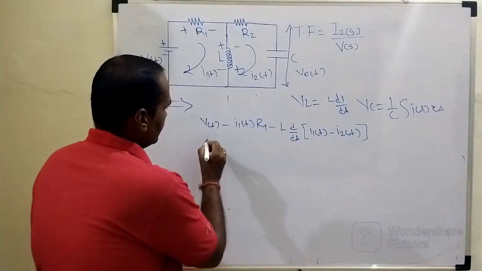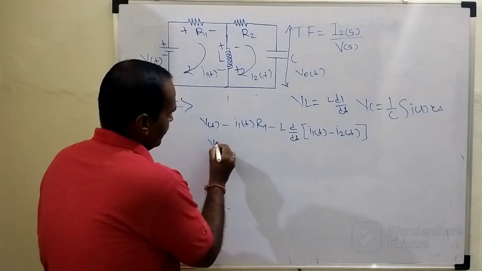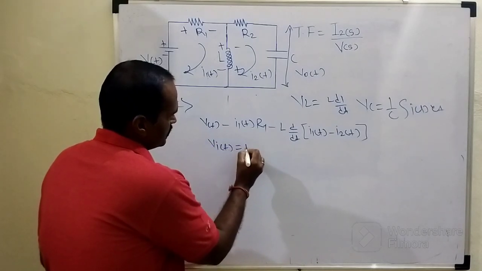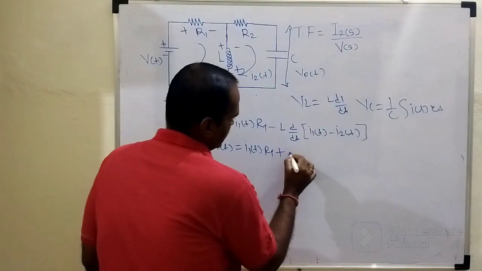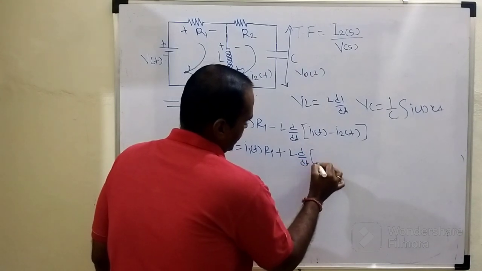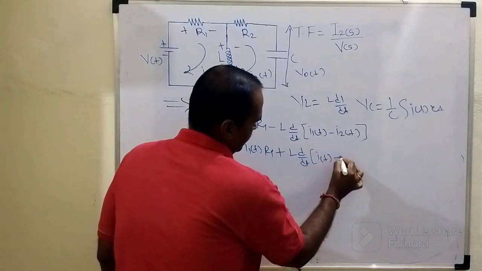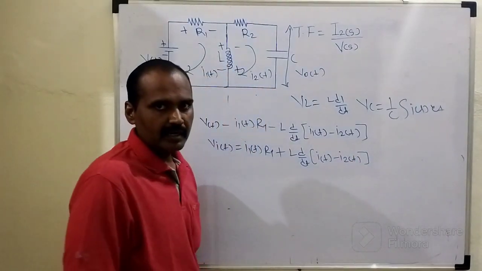So our resultant statement for the input voltage will become Vi of t equals I1 of t into R1 plus L d by dt of I1 of t minus I2 of t, right?